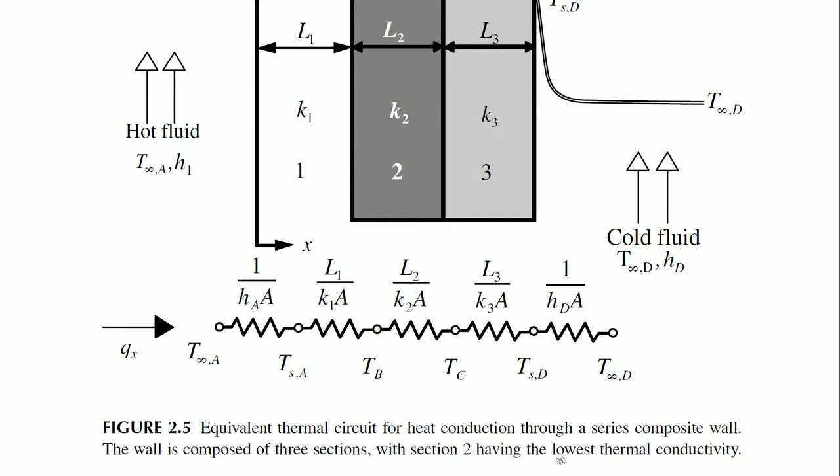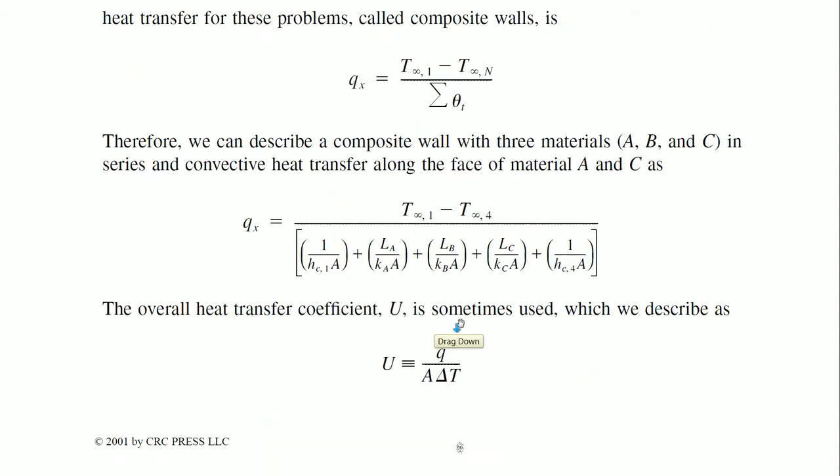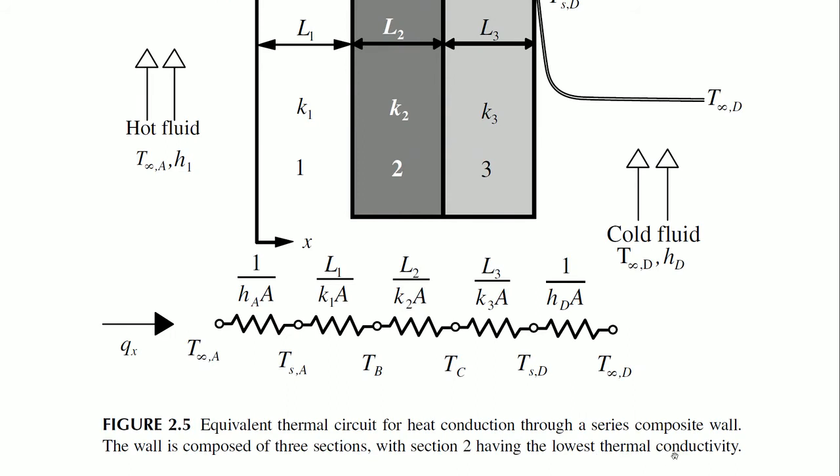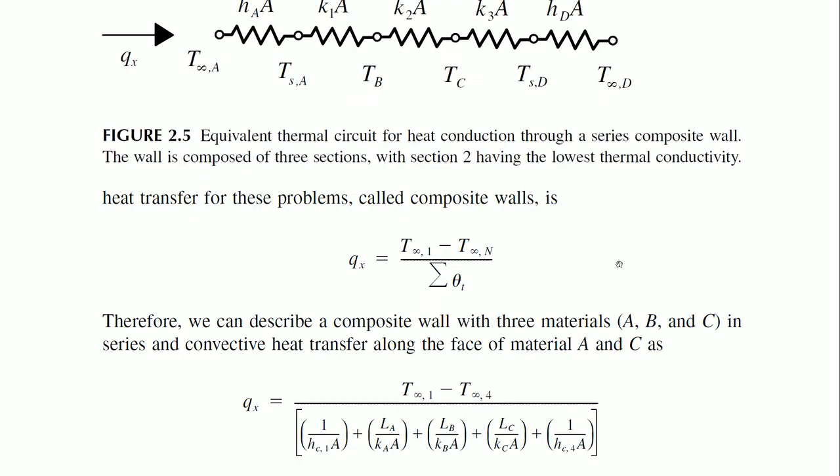Section 2 having the lowest thermal conductivity, section 3 is higher conductivity. Again here, we probably have some material which is the wall itself, and then these are insulators and all.